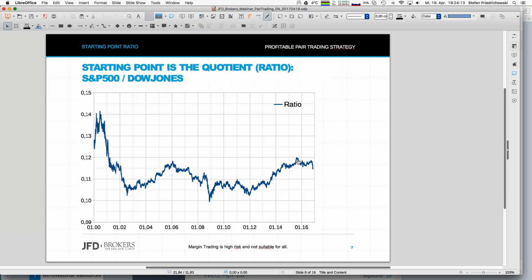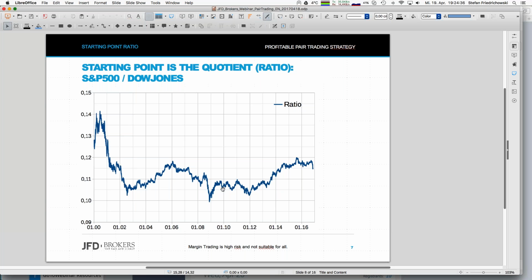So here we have such a behavior which is not that good for pair trading, that we have long-term trends within that ratio. And if you look at the beginning of my history here, the first 2-3 years, we have a steep decrease for that ratio as well.